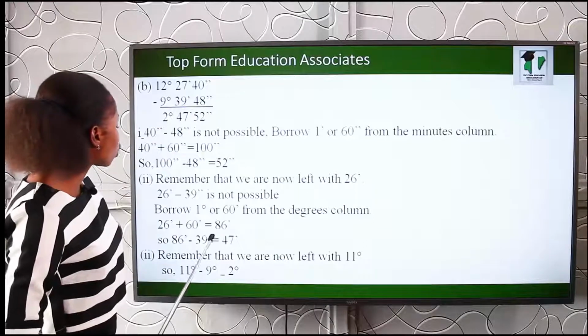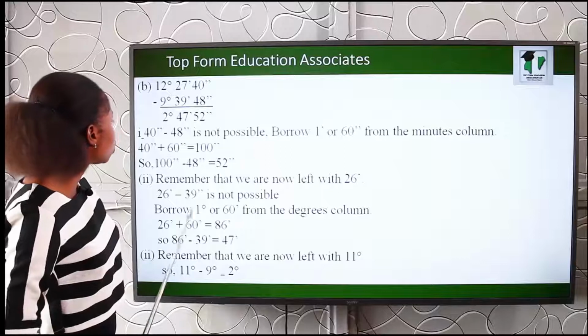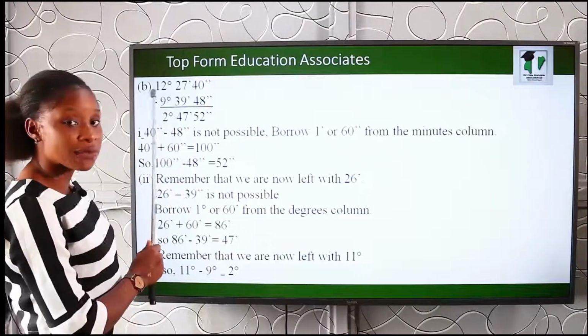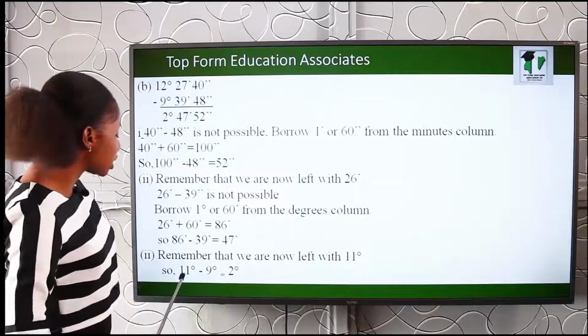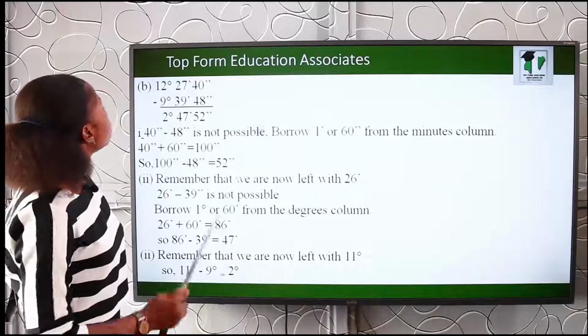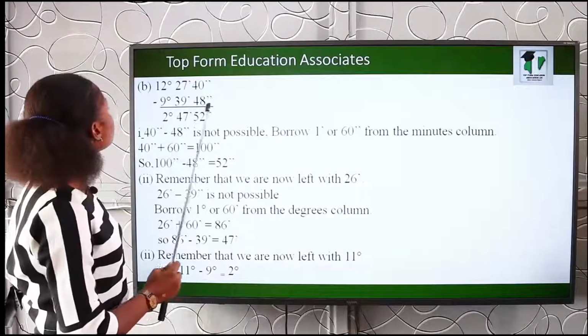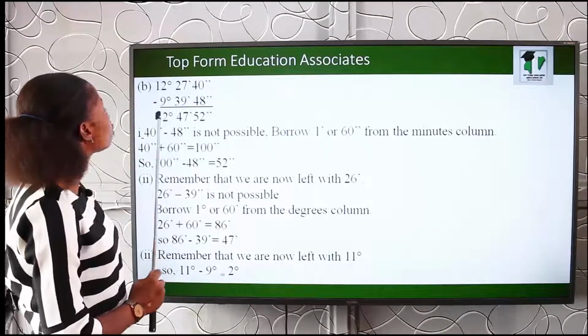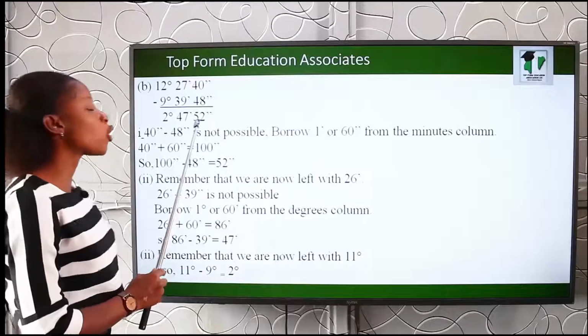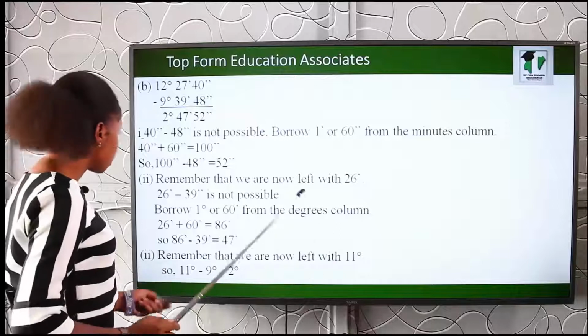Now we can subtract 39 from 86 minutes, which will give us the 47 minutes we have here. Now we have just 11 degrees left. Now when we subtract 11 degrees minus 9 degrees, we have 2. So the answer to this subtraction is 2 degrees, 47 minutes and 52 seconds. I hope we are following, students.